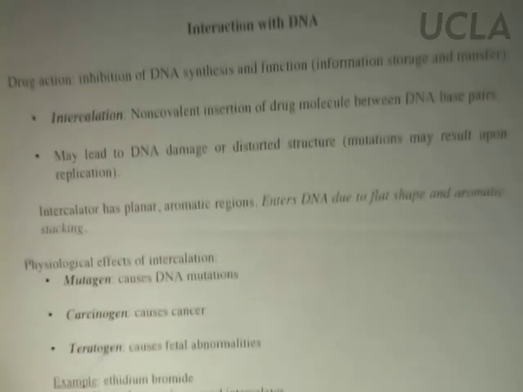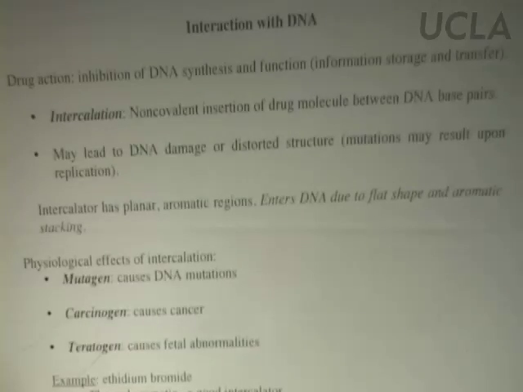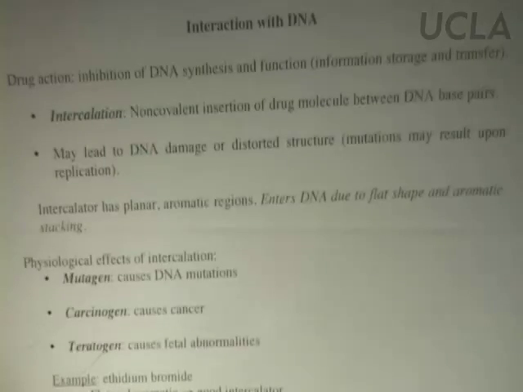But remember that DNA's job is to store information and to be replicated when you're making the new cell. So anything you can do to interfere with that storage of information or the replication of DNA can potentially be a pharmaceutical target. This is one of the reasons why DNA is a popular drug target, because there's so many things you can do to it, especially if you're talking about anti-cancer and that kind of thing.